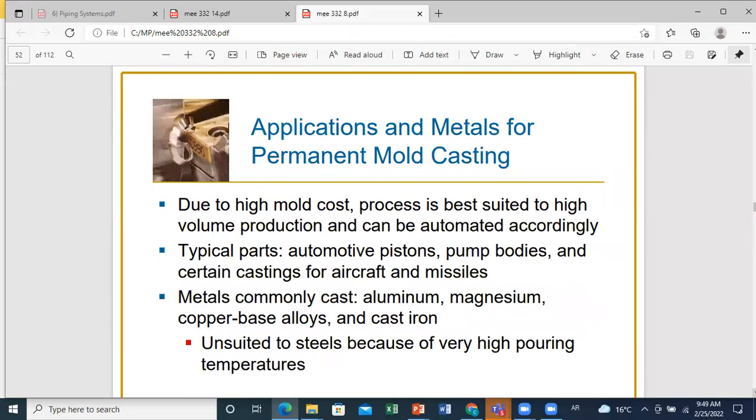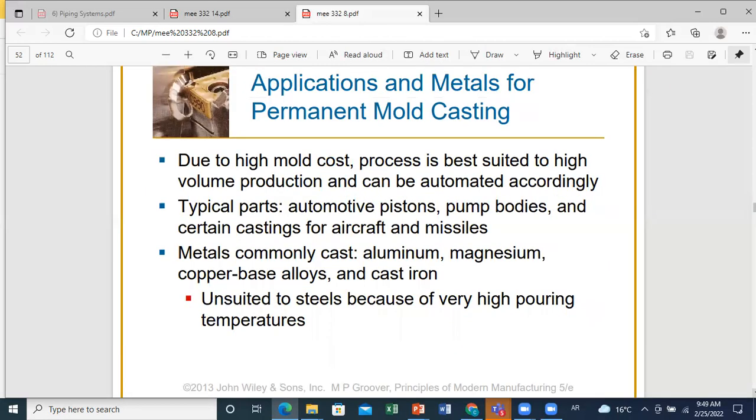Now, due to high mold cost, the process is best suited to high volume production and can be automated accordingly. The typical parts are automotive pistons, pump bodies, and certain castings for aircraft and missiles. So these are the typical parts that are produced by this type of permanent molding.